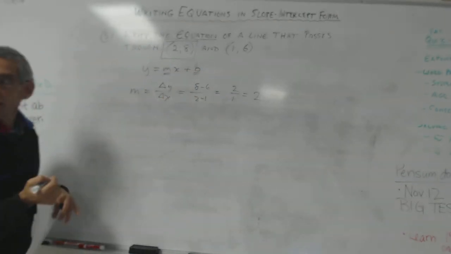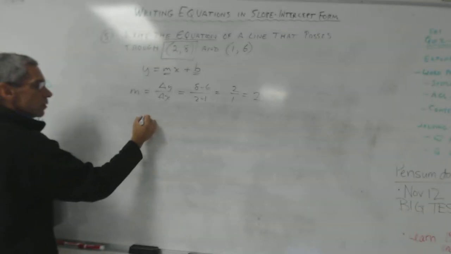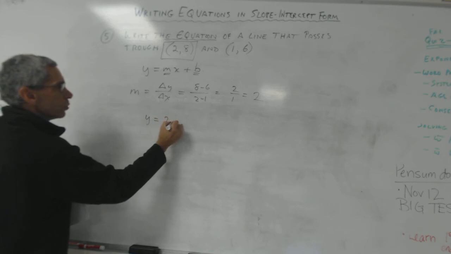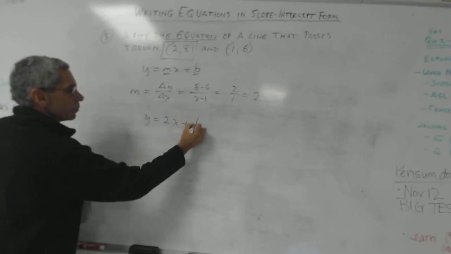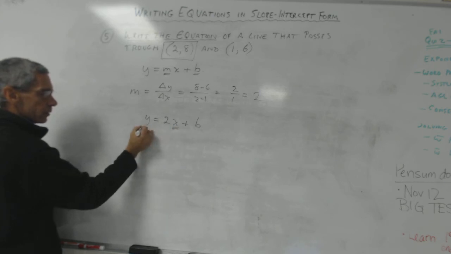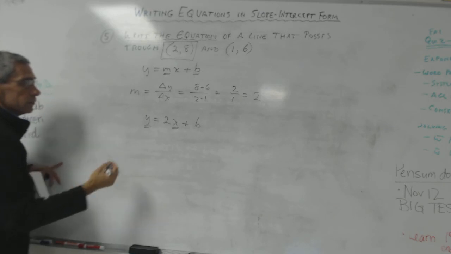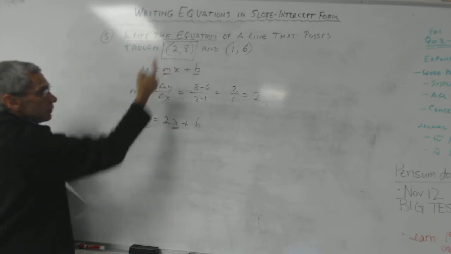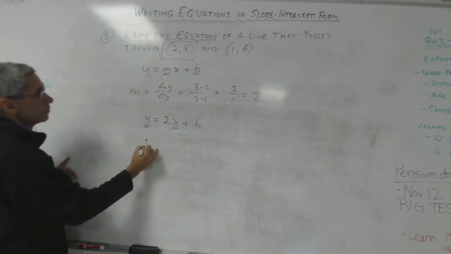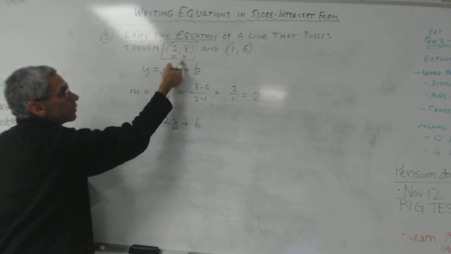So to find my b, I'm going to substitute that m into the equation. Y is equal to 2x plus b. But I need to solve for b. I've got to have something for x and something for y. So I'm going to choose one of these 2 points. We'll do this one. So this is my x, this is my y. It's always in alphabetical order, right?